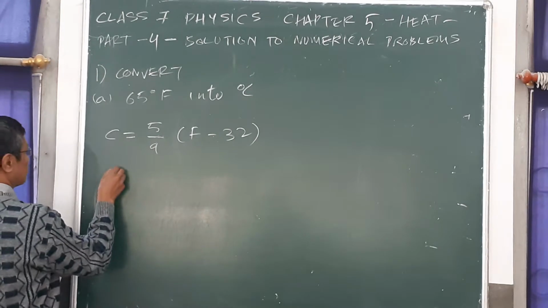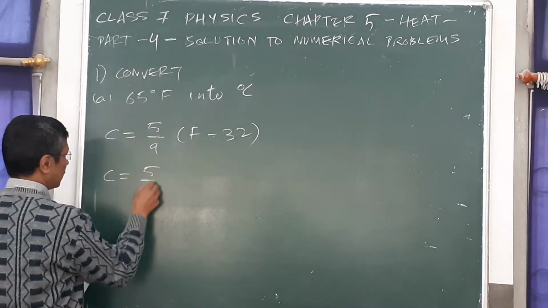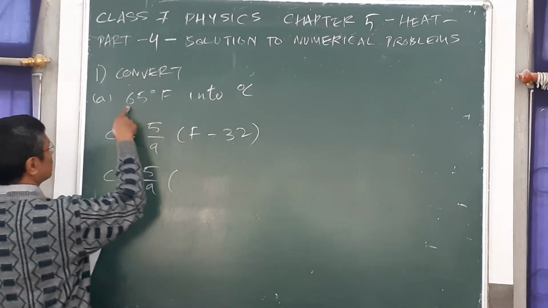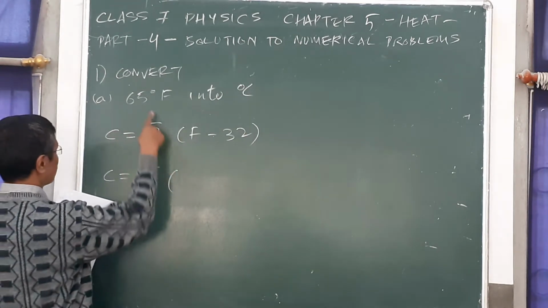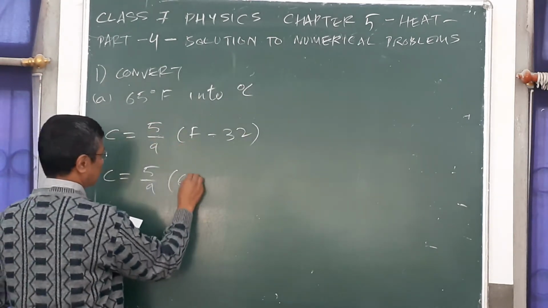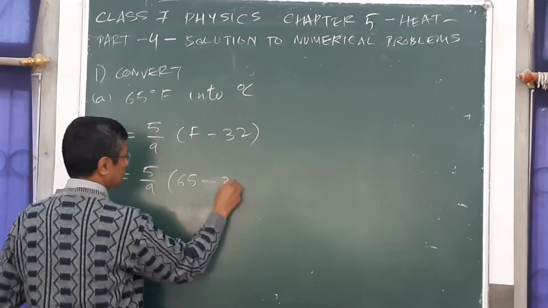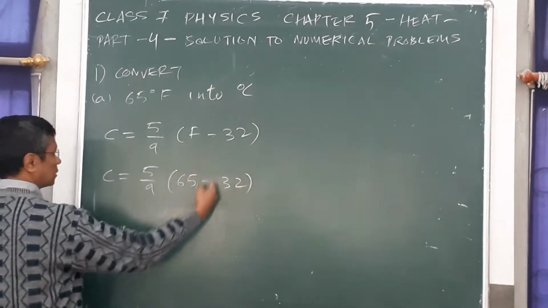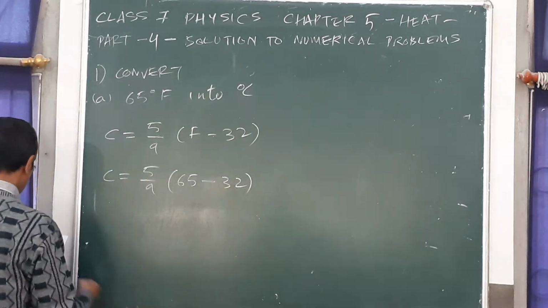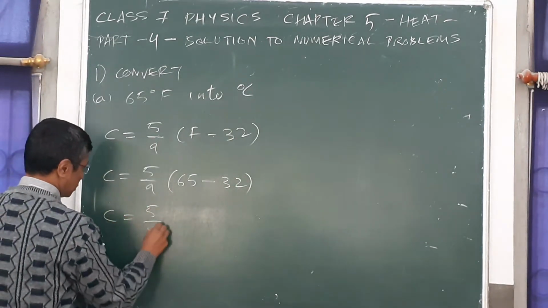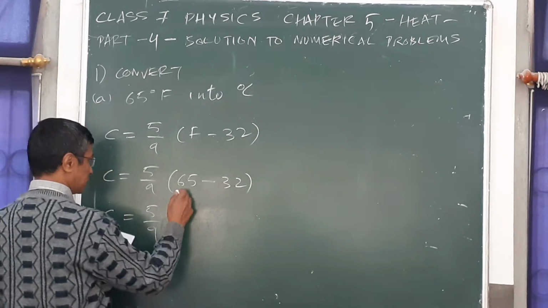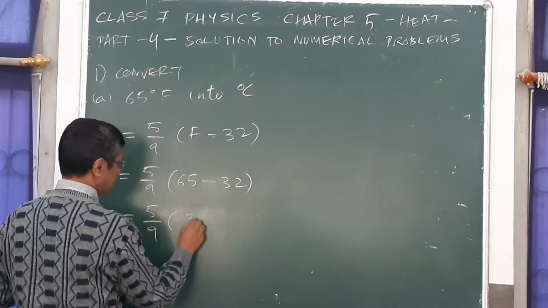So let us substitute. C is equal to 5 by 9, and as you can see, the temperature in Fahrenheit is given as 65. So in place of F we put 65 and then followed by minus 32. So minus is coming from here and 32 is coming from here. Now if we simplify the value in bracket, 65 minus 32 will give us 33.